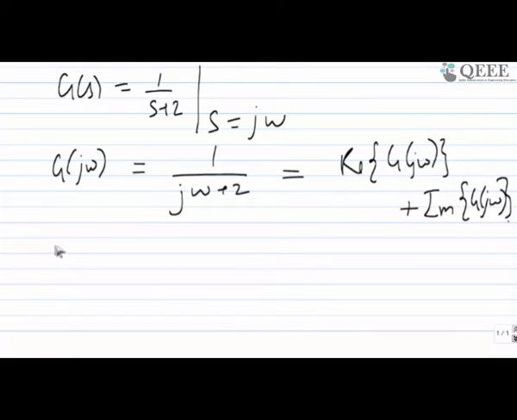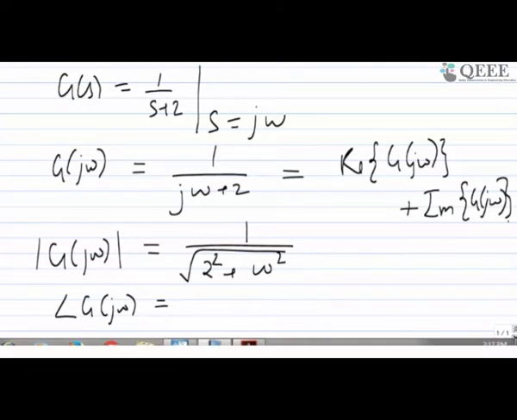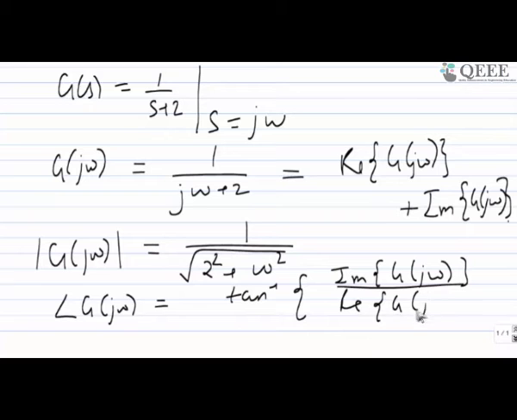Then you can compute the magnitude response, which will eventually come out like this. And you simply compute the phase of G(j omega), which is nothing but the tan inverse of the imaginary part of G(j omega) over the real part of G(j omega).